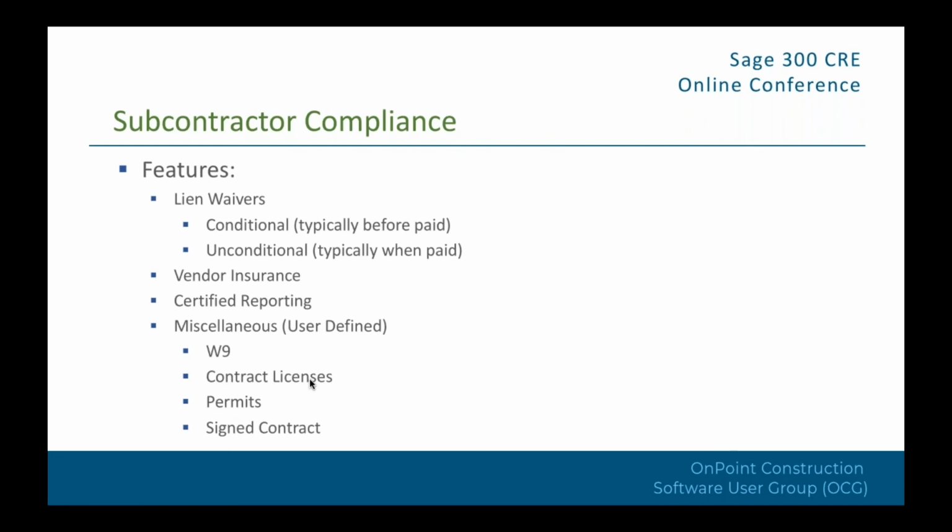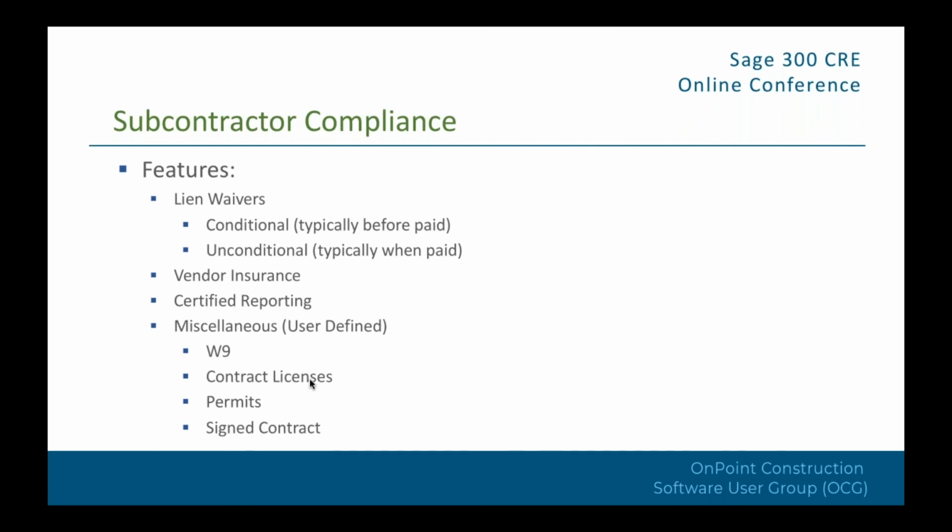So in the subcontractor compliance, the features, there's lien waivers, there's conditional, typically before it's paid, and then unconditional for after they have actually received the check. Then we keep track of the vendor insurance, and then also the certified reports, and those are reports coming to you, not you sending out certified reports.